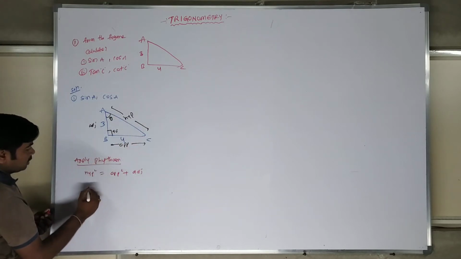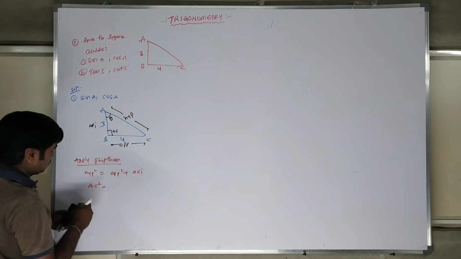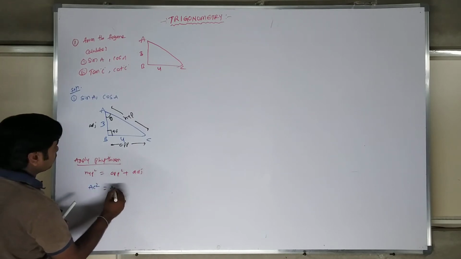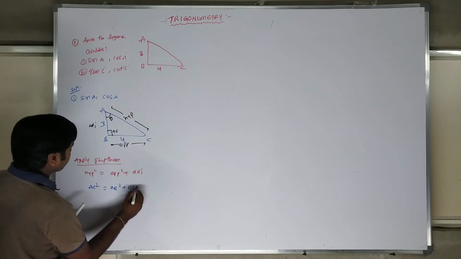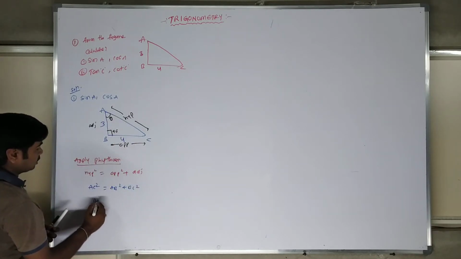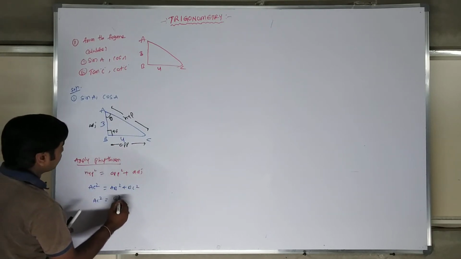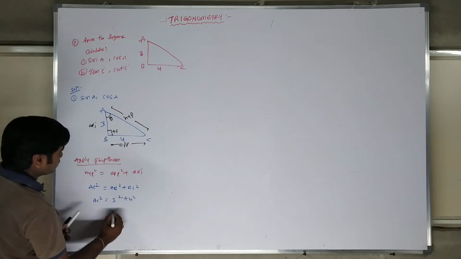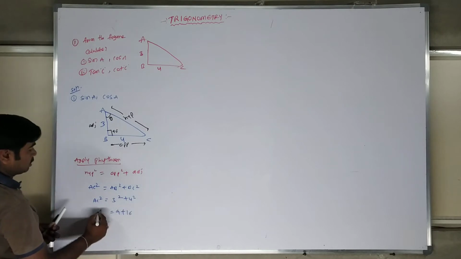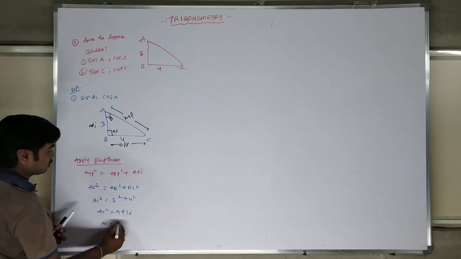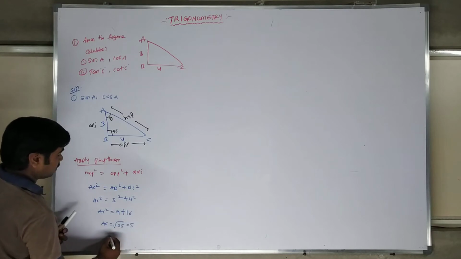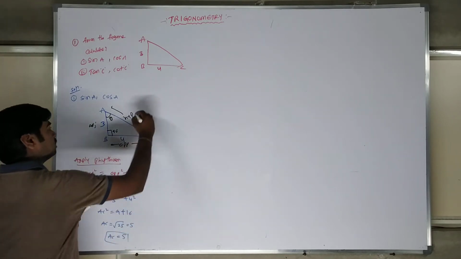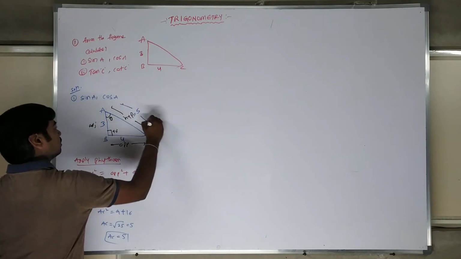So AC square is equal to AB square plus BC square, which is 3 square plus 4 square, that is 9 plus 16. AC square is 25, so AC is equal to under root 25, which becomes 5. So the third side, the hypotenuse, is 5.